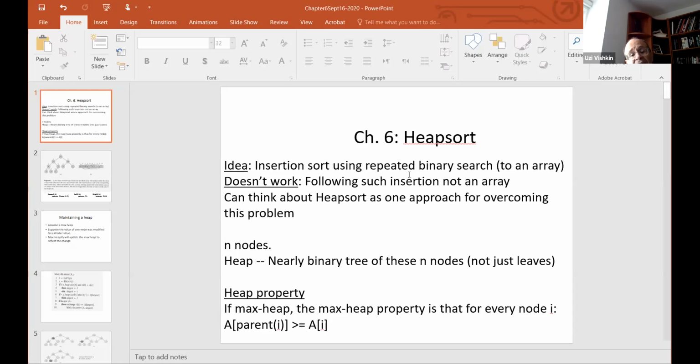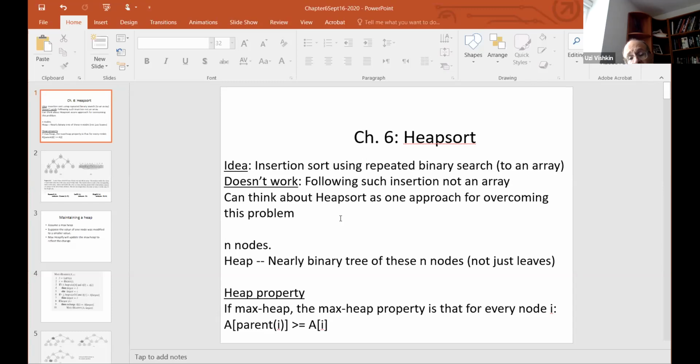And in order to achieve this shift, we needed to do a linear amount of work in the worst case per iteration, even if we rank things in logarithmic time. So it doesn't work, and the question is how to get around it. So that's the point being made here.